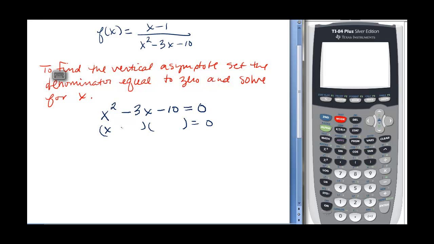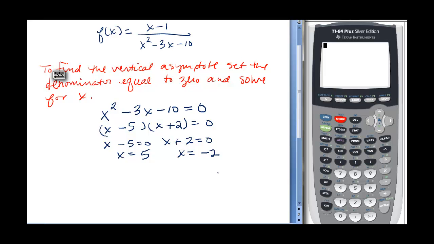So I have x minus 5 times x plus 2 equal to 0, and set each factor equal to 0. And then I would have x is equal to 5 and x is equal to negative 2. So that means I would have vertical asymptotes where x is equal to 5 and where x is equal to negative 2.